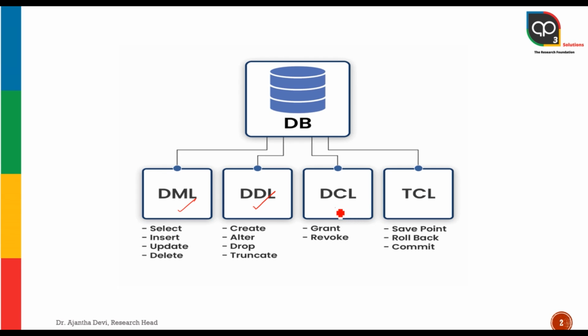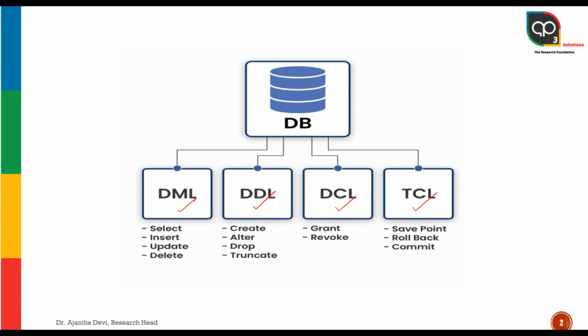Next, it is all about Data Control Language. Dear friends, this category manages who has access to what. And here GRANT and REVOKE, yes, help us set privileges. And last but not least, Transaction Control Language. This group ensures data consistency.